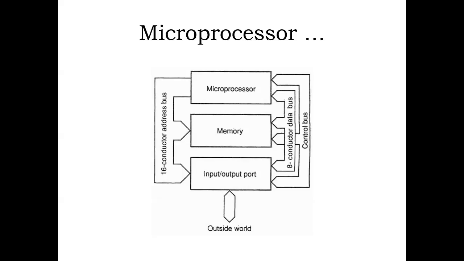So 2 to the power 16 is 65,536. It's a big number, right? So if I have a memory with 16-bit addressing, then I can write addresses starting from 0 all the way to 65,535.